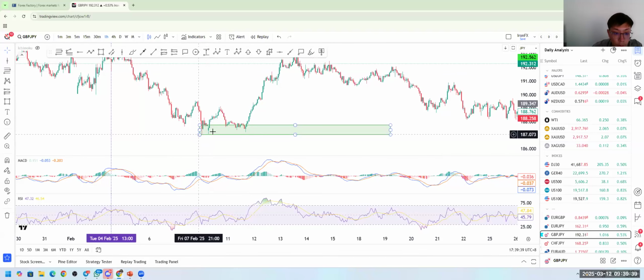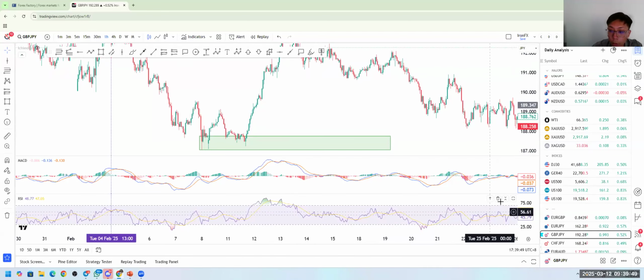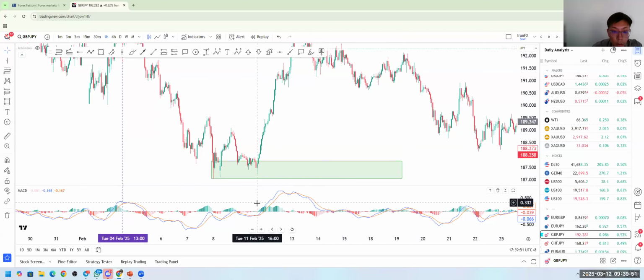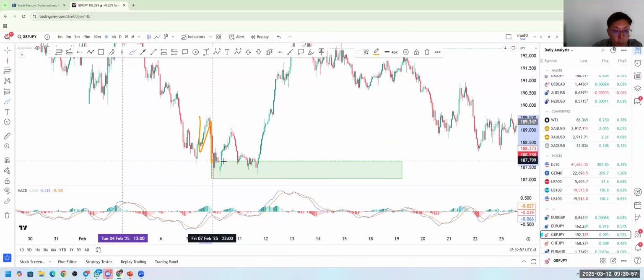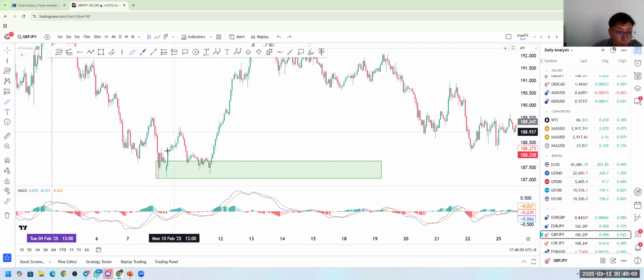Oh, there's no divergence. Wait, let me see. Crossover. Okay, you see this area right here, bearish movement.